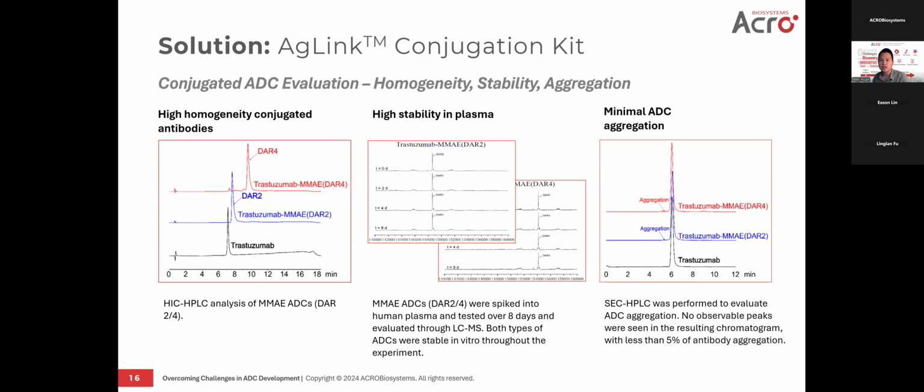You can see we're able to produce very homogeneous species of the antibody with the MMAE payload with a very well-defined peak in the HIC HPLC analysis, and it shows our conjugation kit is efficient, usually around 90 to 95% conjugation rate.